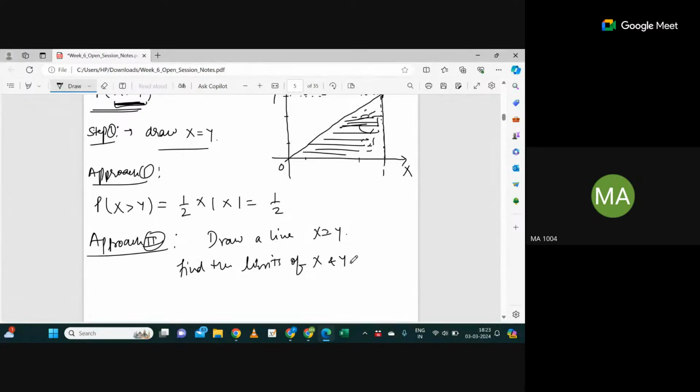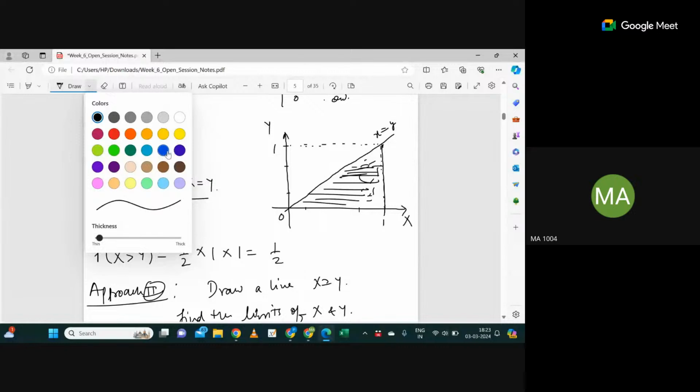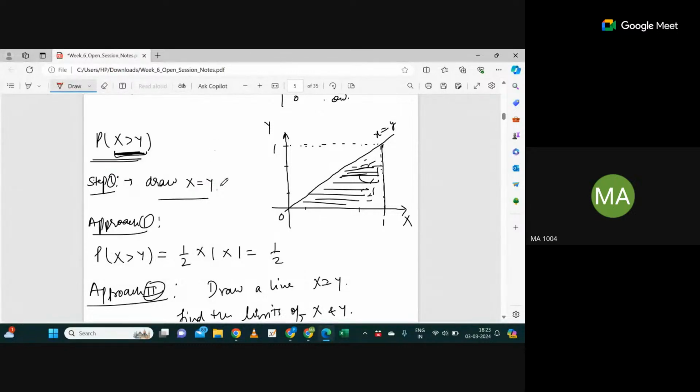If you want the limit for x, draw a line parallel to the x-axis, the red one. Then what is the limit of x here? This black line is x equal to y, and this one is y equal to 1. So can I say the limit of x is y to 1?